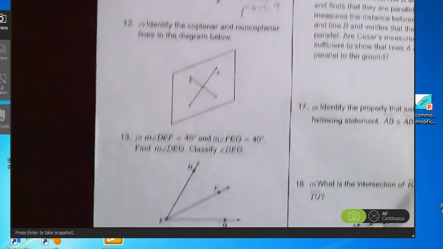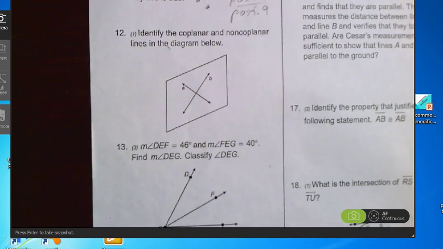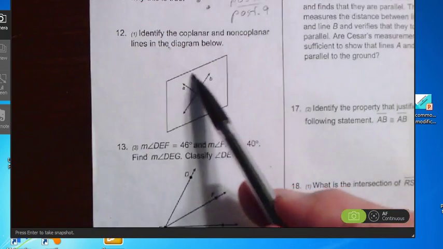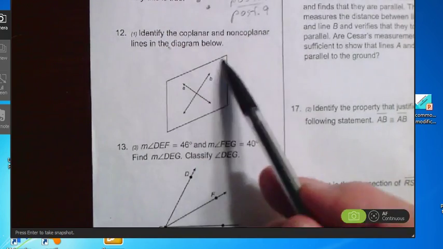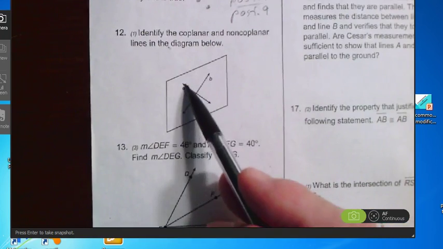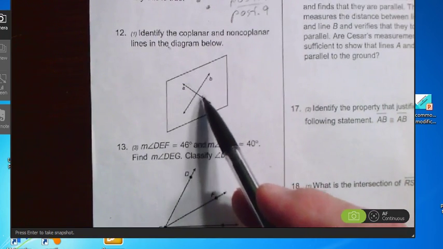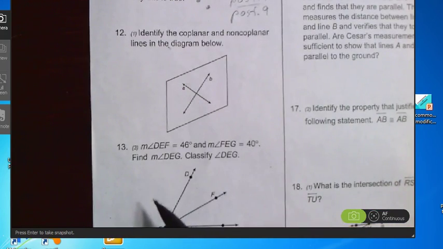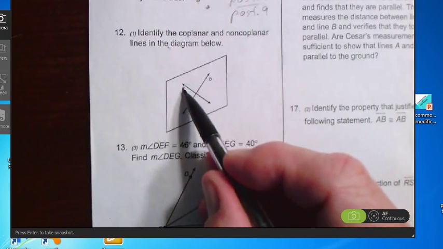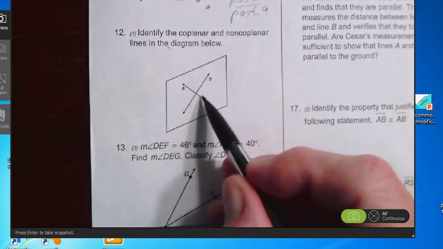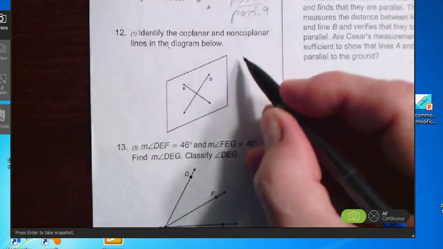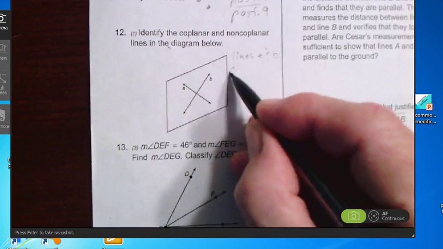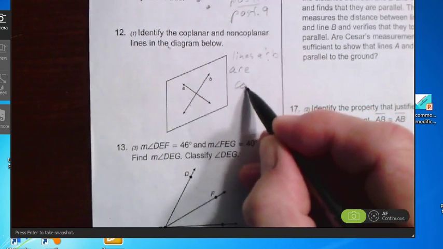All right, number 12. Identify the coplanar and non-coplanar lines in the diagram. So we're going to look at this. This is a plane, and we have 2 lines that are crossing or intersecting each other. Okay? Well, we have 2 lines intersecting each other on the same plane. So lines A and B are coplanar.